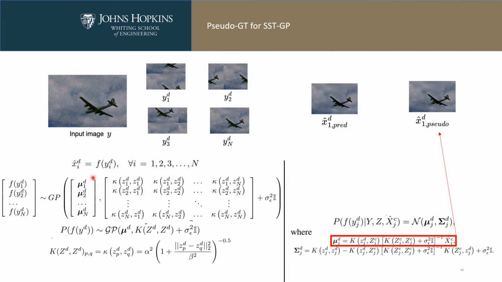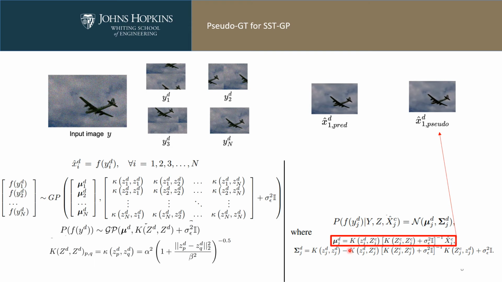Given n downsampled images and their corresponding function mappings, we formulate a joint Gaussian distribution between these denoising function mappings as shown here, where the mu can be computed with a closed form expression as shown here with a covariance matrix K as shown here.